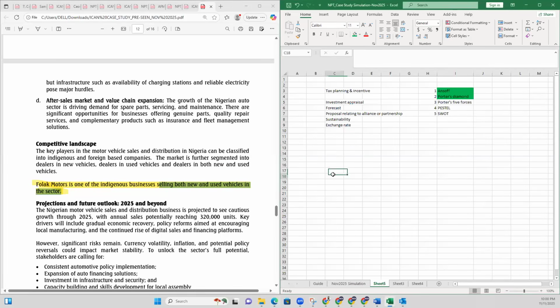That means FOLAC currently sells new and used vehicles.